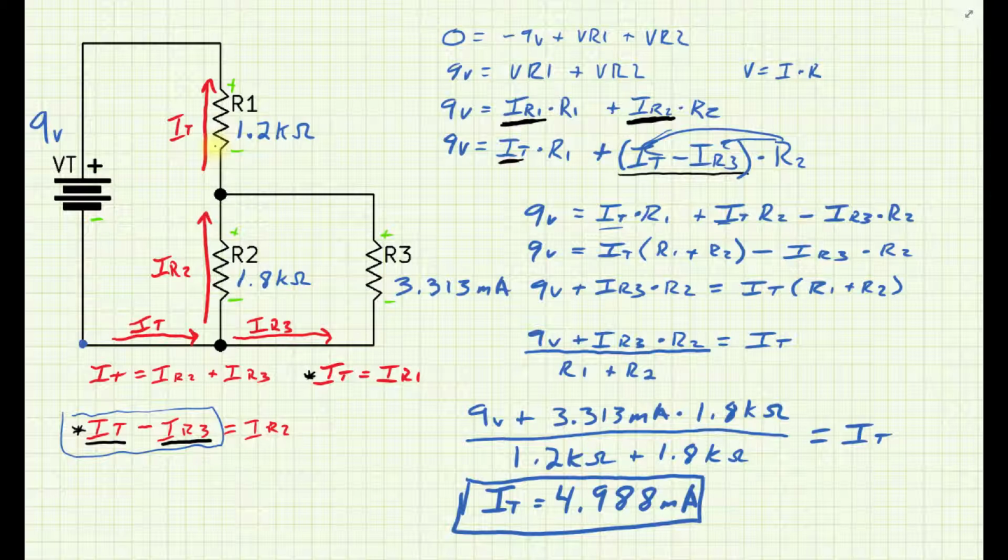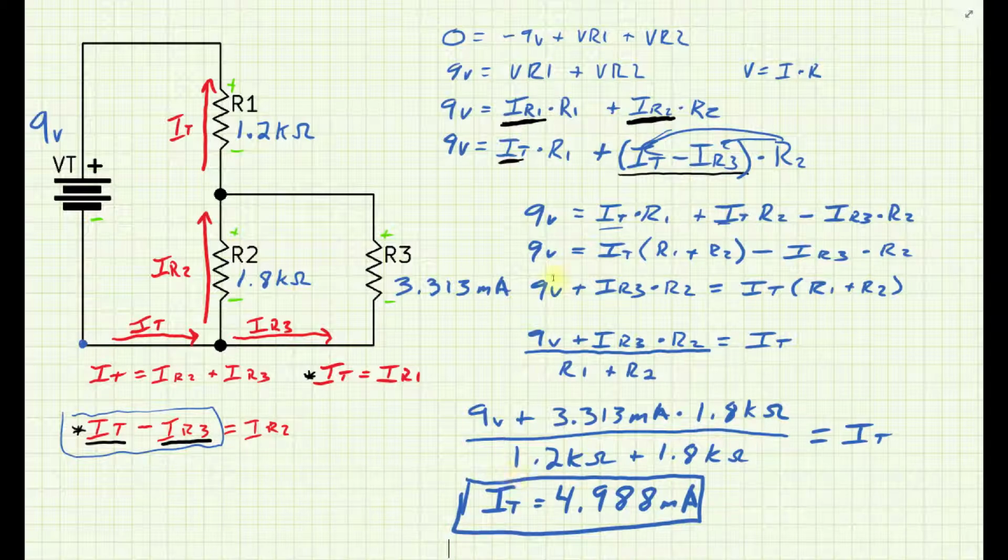I can find IR2 and find the voltage of R2, and therefore the voltage of R3. And all of my previously defined equations, I can just use those to solve all the rest of the values. I can say, well, if I take I total minus IR3, I can find IR2 right now.